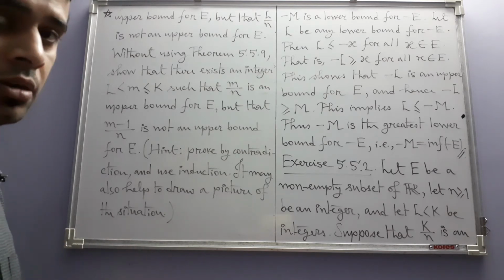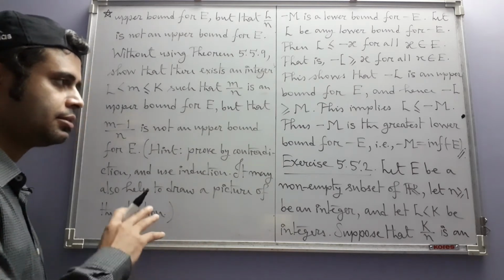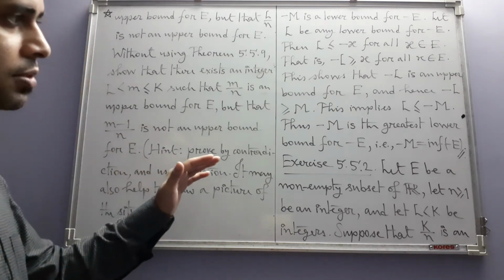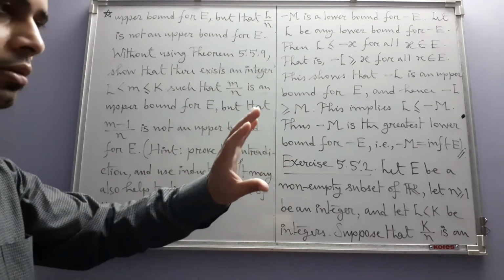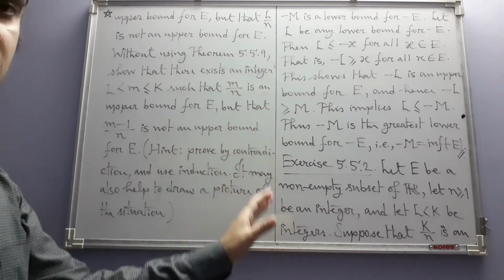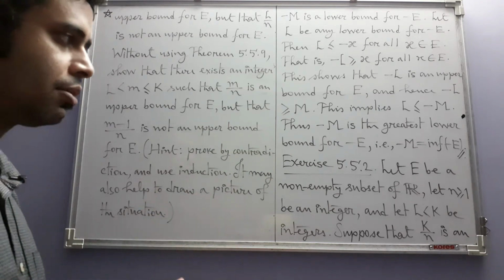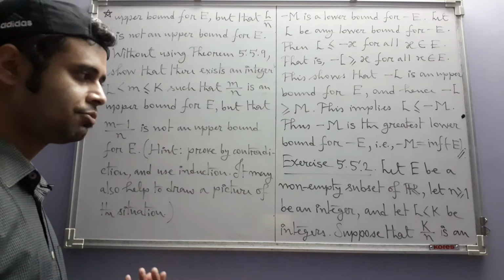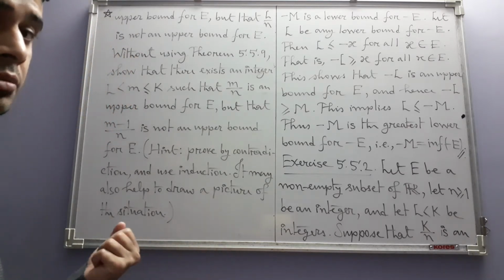Of course you have to think logically, but instead of thinking in terms of abstract symbols, if you can draw a picture representing a given situation in some sense, then that is always better, because if we can see something in front of our eyes, that helps a lot.